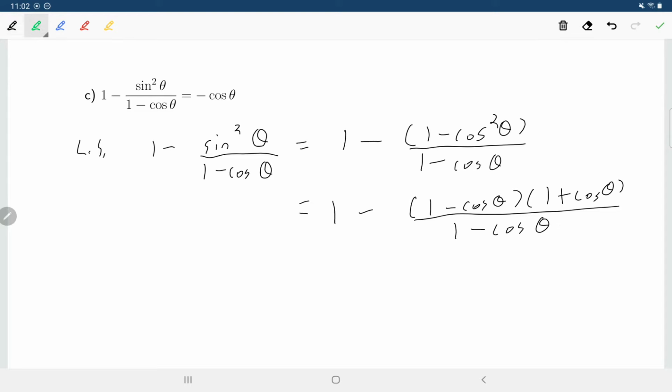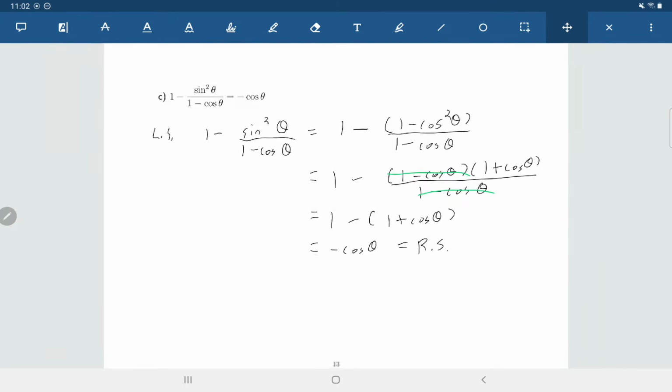And that's kind of convenient because the 1 minus cos thetas now cancel out. We're left with 1 plus cos theta, and 1 minus that gives 1 minus 1, which is gone, and we'll have negative cos theta left over, which indeed is the right side. So we've shown left side is equal to right side, and yet again, the identity has been established.